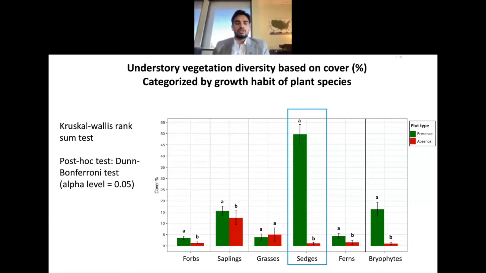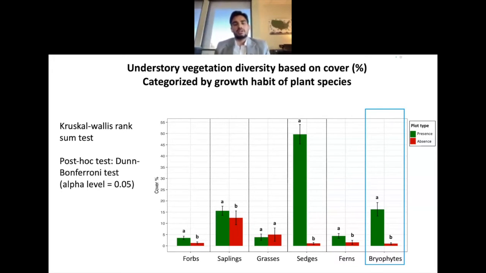And then we see no difference in grasses, but we see a huge difference in sedges. Absent sites have almost no sedges at all, whereas in the present sites, 50% of the area was occupied by sedges. And then we see a difference in ferns, where we see higher fern presence in present plots.